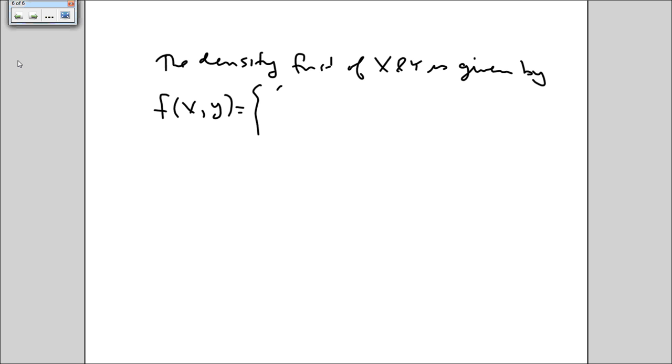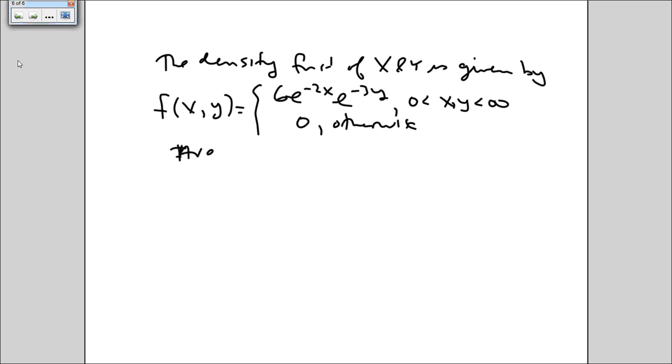Suppose this density function, and it's 0 otherwise. So, are X and Y independent?